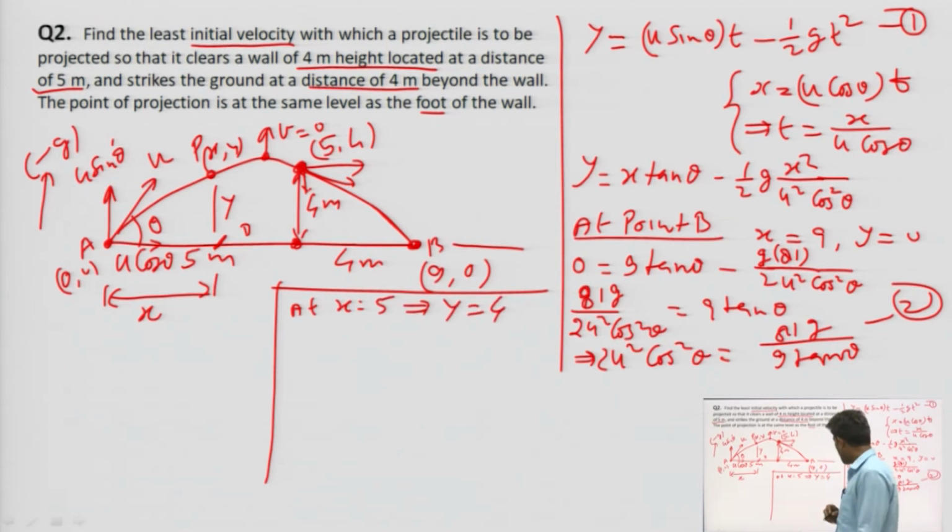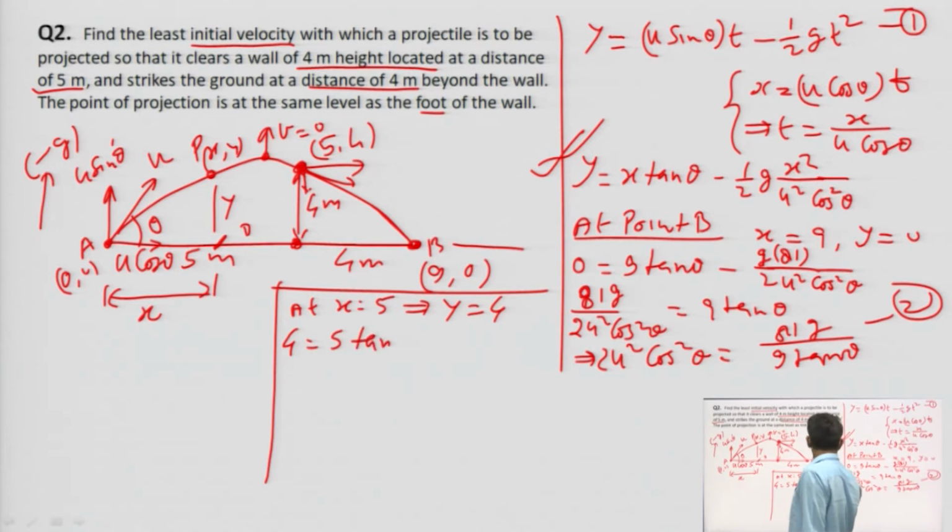So, by putting this in the equation, we will get y is equal to 4 is equal to x means 5 tan theta minus x is 5 means 25 g divided by 2 u square cos square theta.